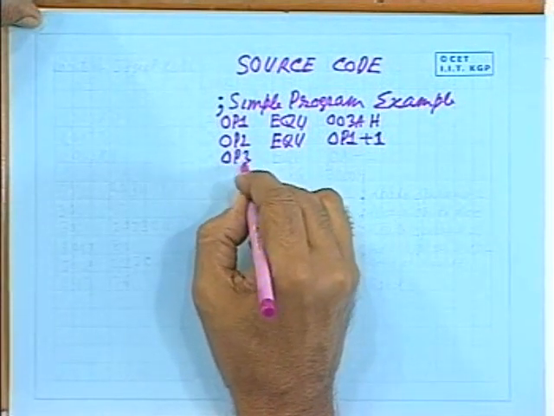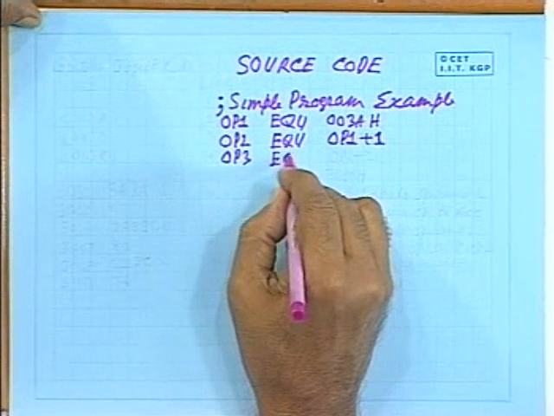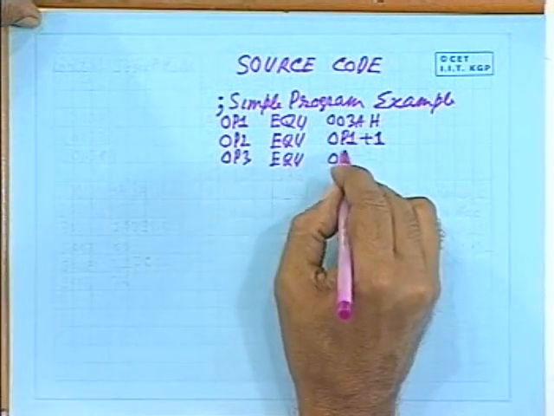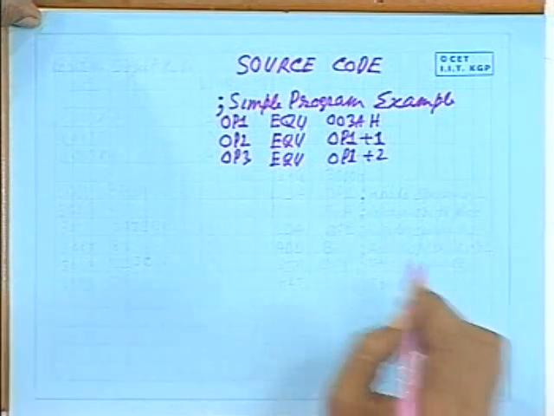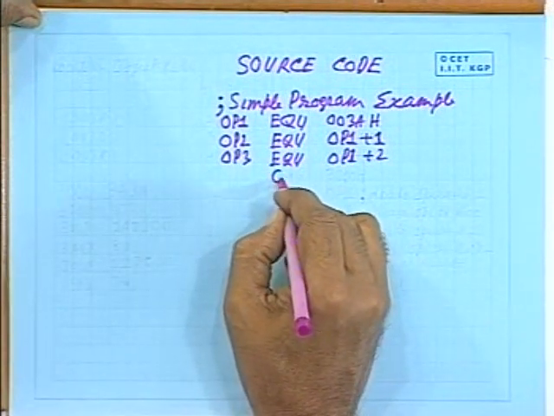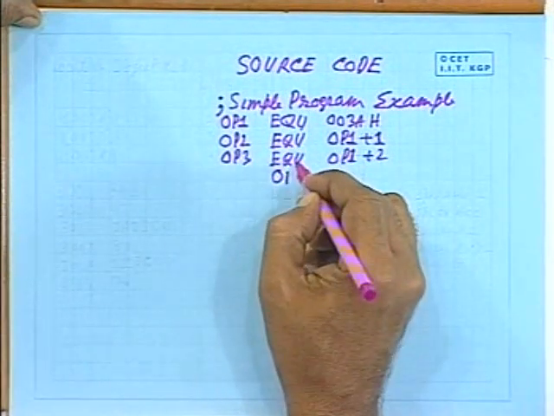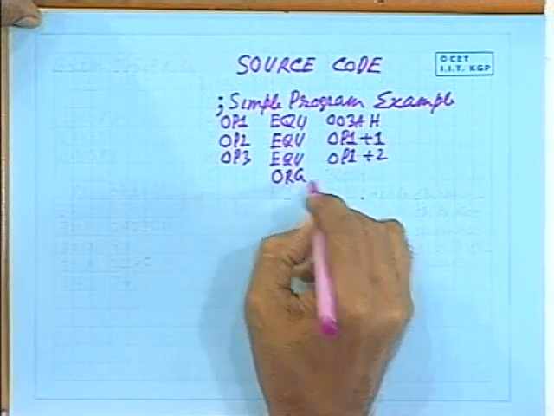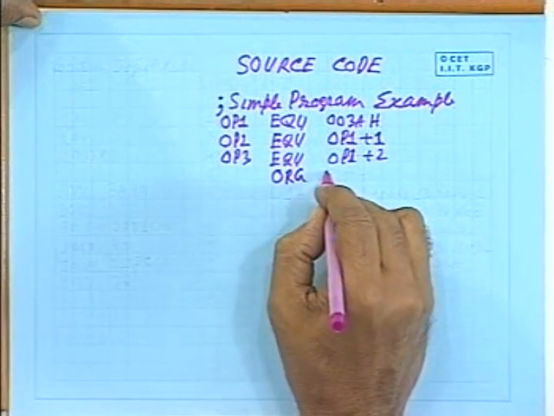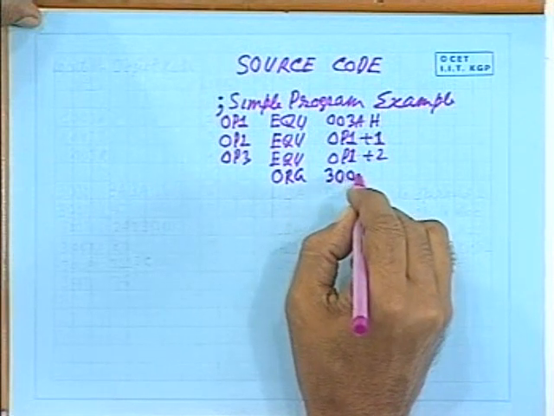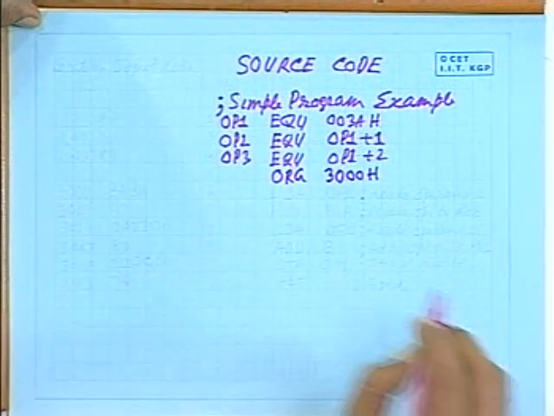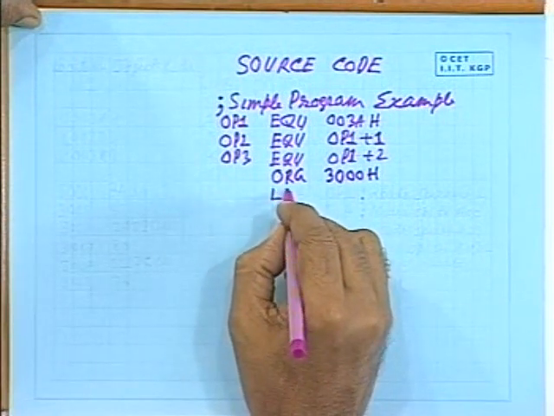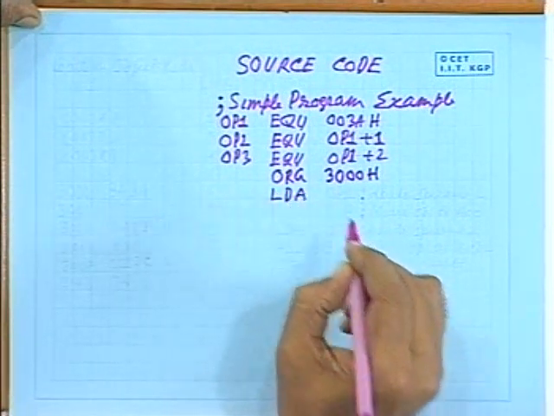OP3, operand 3, is equal to OP1 plus 2. These are all pseudo opcodes. Then ORG: say I want to start my program from memory location 3000, and then your assembly language program starts.